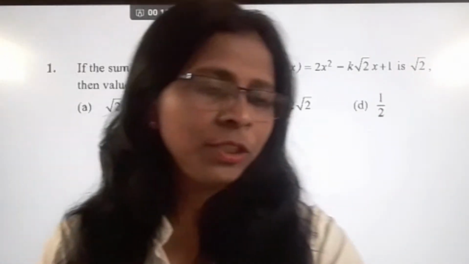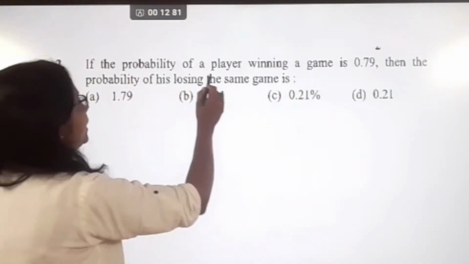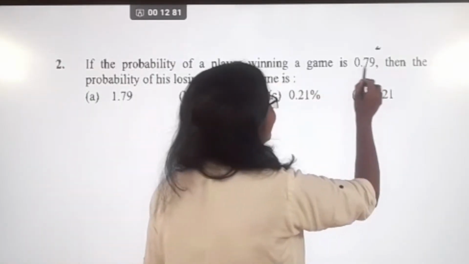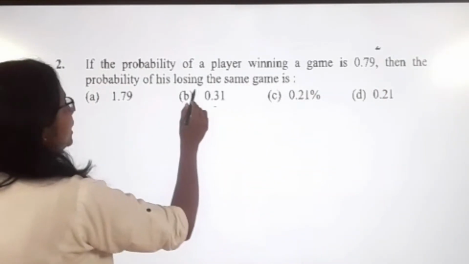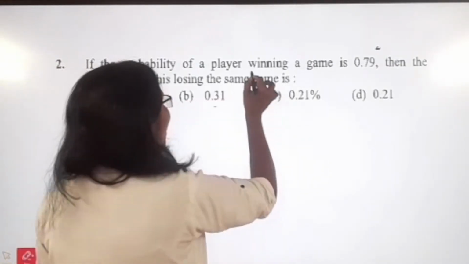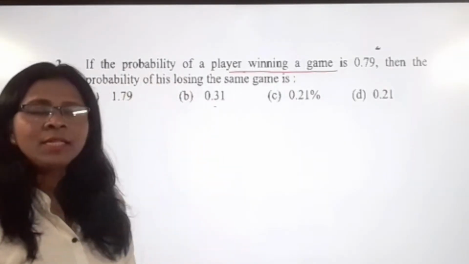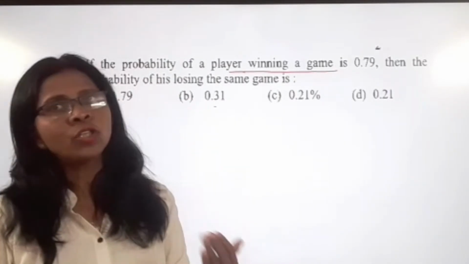See the next question. If the probability of a player winning a game is 0.79, then the probability of his losing the game is. So here there is winning a game and the opposite of that is losing a game.